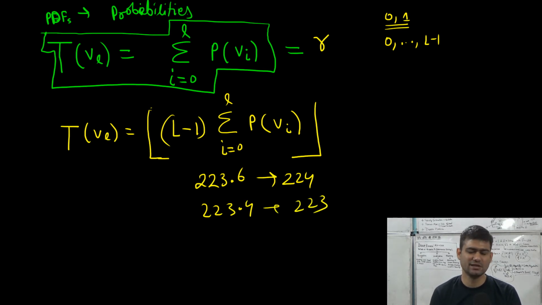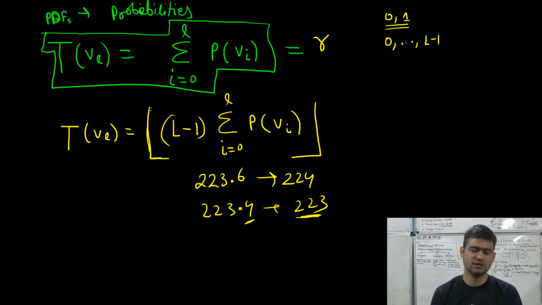Sometimes we just use a greatest integer function, or a floor operation, but using the floor and ceil operations combined, that is, if the decimal value is greater than 0.5, then we round it to the next integer, and if the decimal value is less than 0.5, then we just round it to the nearest smaller integer. So this is the entire histogram equalization algorithm.